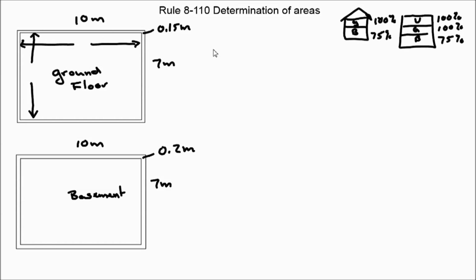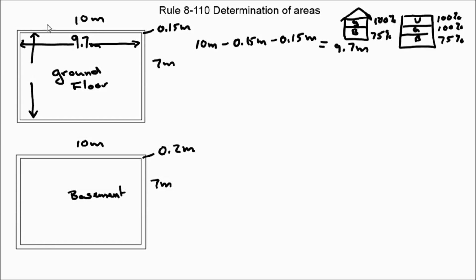So we're looking for the inside dimensions. We're going to take our 10 meters and subtract our 0.15 meters on both sides. So here and here, and that will equal 9.7 meters. So we can write that in, 9.7 meters.